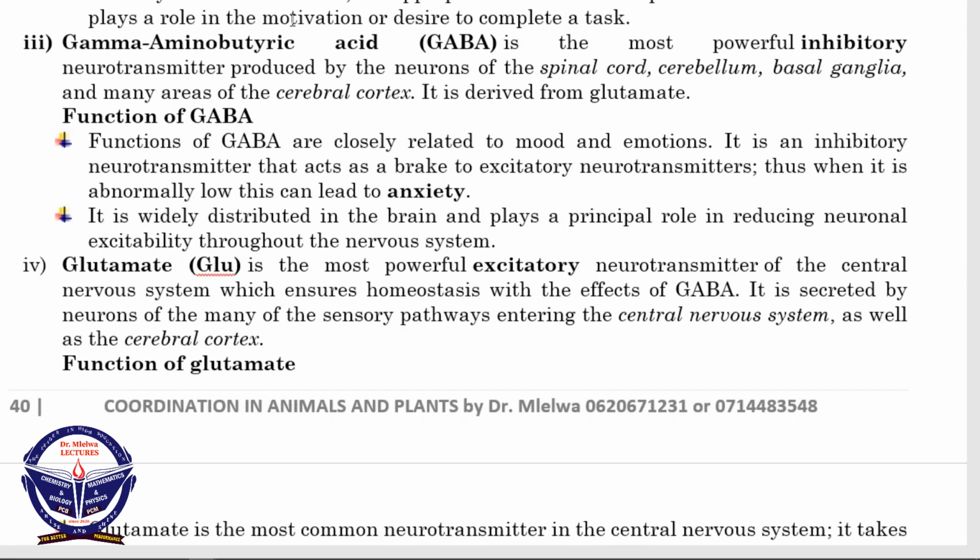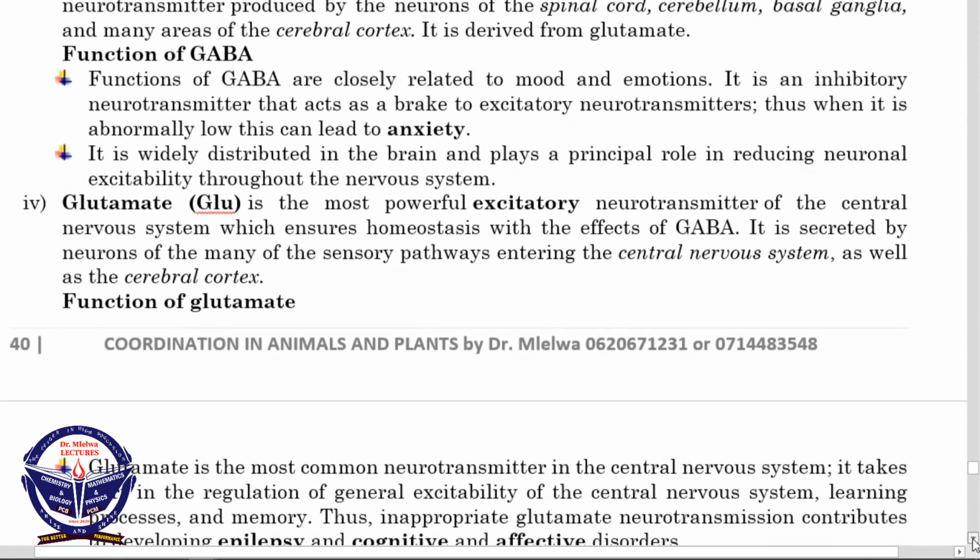So you see, glutamate is used to produce GABA, but glutamate itself is the most powerful excitatory neurotransmitter of the central nervous system, which ensures homeostasis with the effect of GABA. It is secreted by neurons of the main sensory pathway entering the central nervous system, as well as the cerebral cortex.